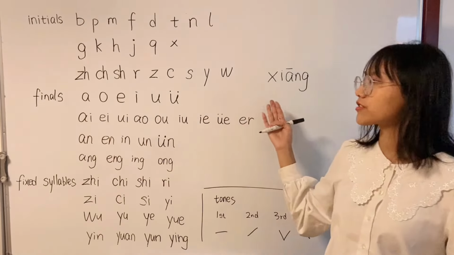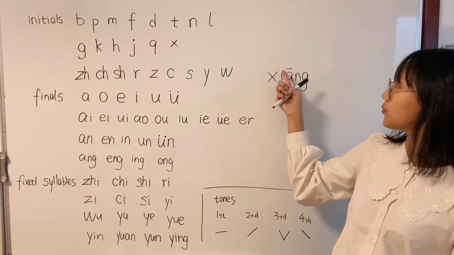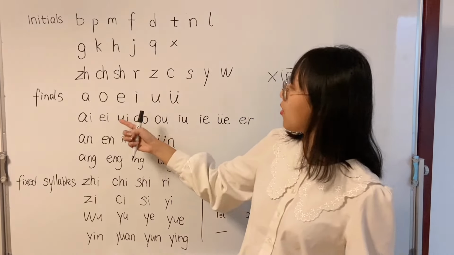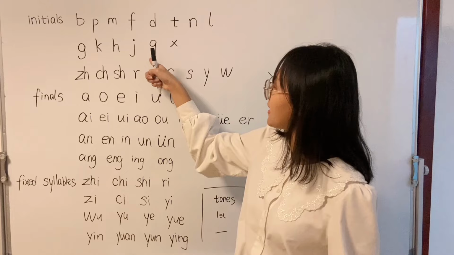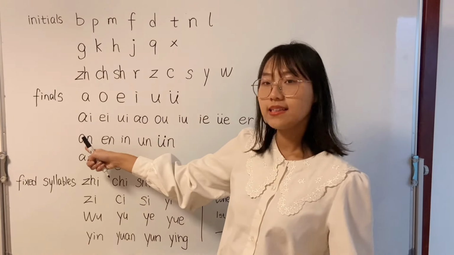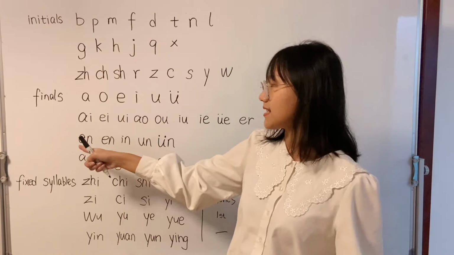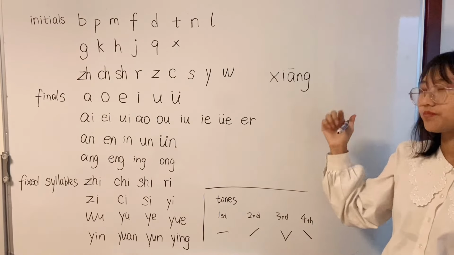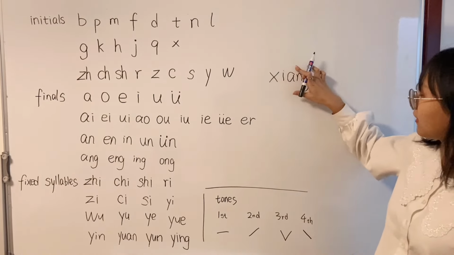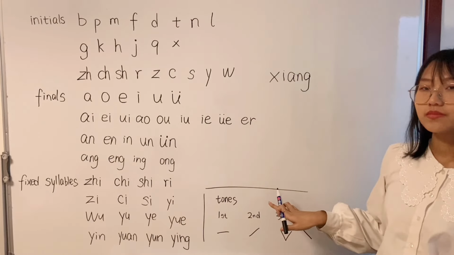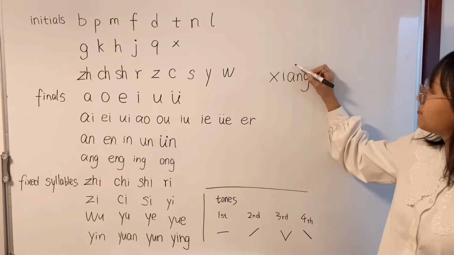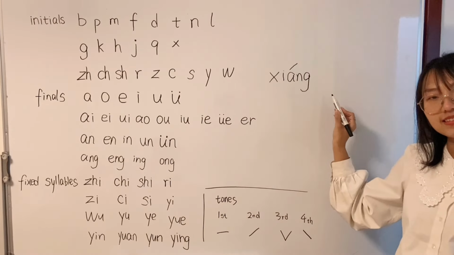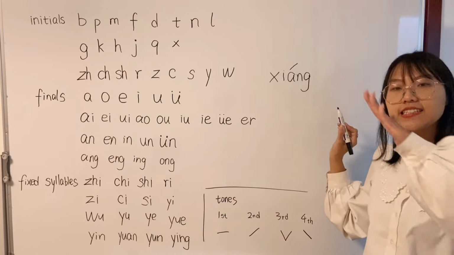But there are circumstances like this. You put one i and then something else. For example, qi, yi, an, qian, xi, yi, an, xiang. And the second tone, xiáng.